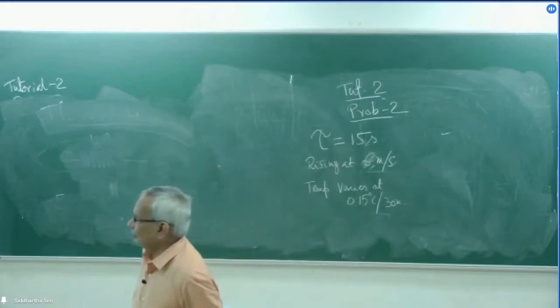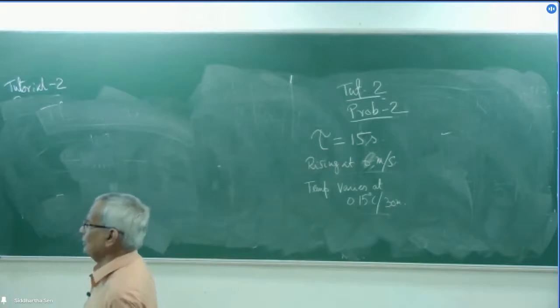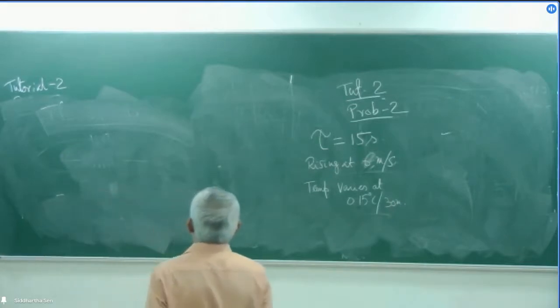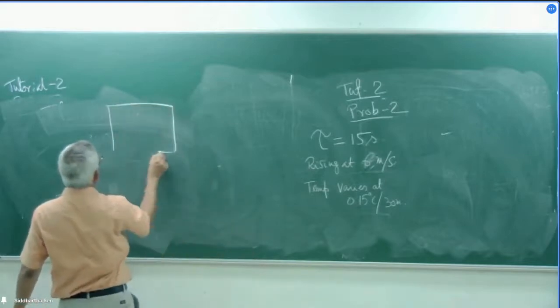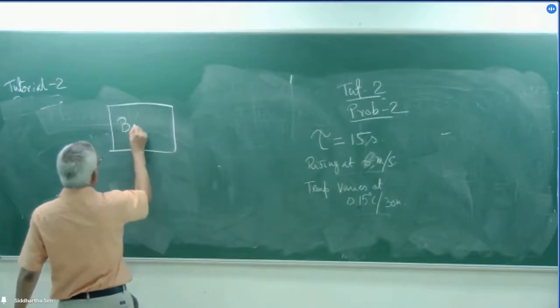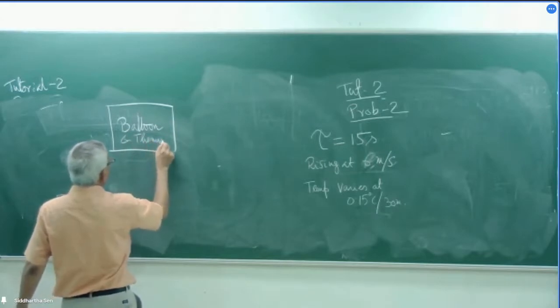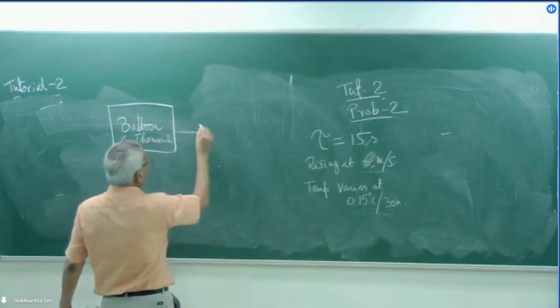And we have a certain temperature measuring instrument by which we measure the temperature. Now if it is a system, that is the balloon and thermometer, the output must be some sort of indication.